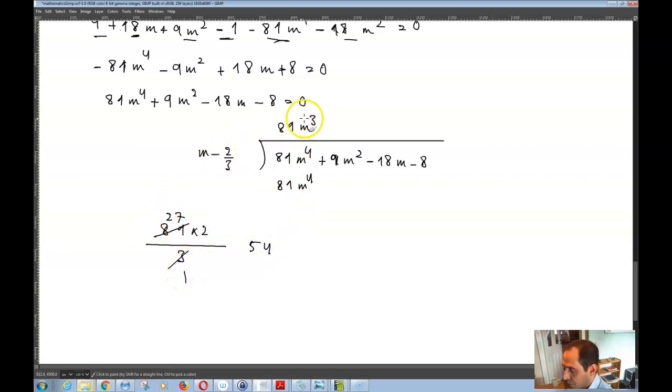Then you have a negative sign over here, so you have 81m cubed times negative 2/3. So you have 27, and this cancels out. You get negative 54m cubed.